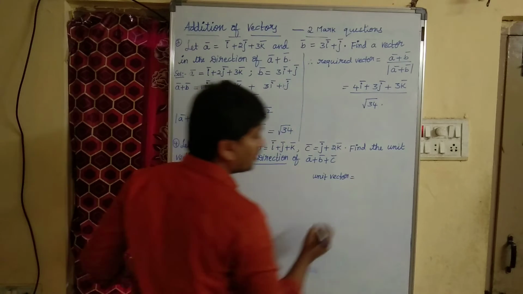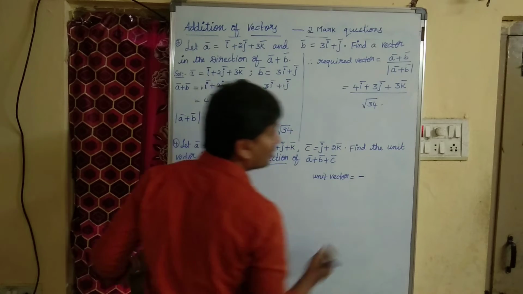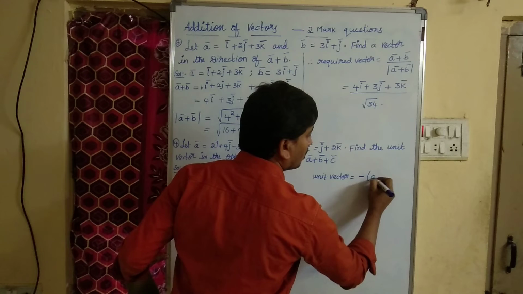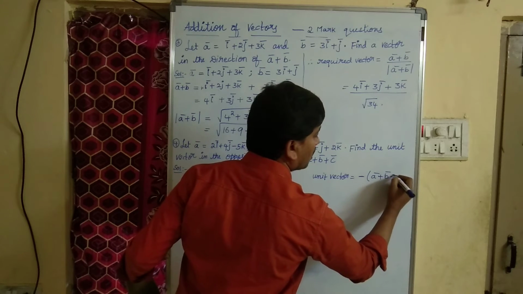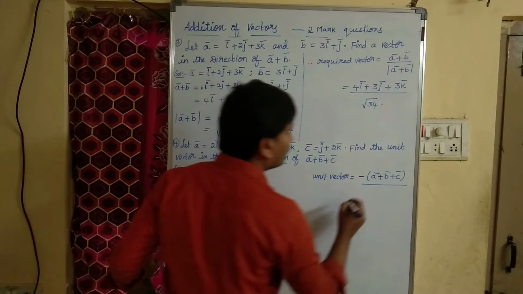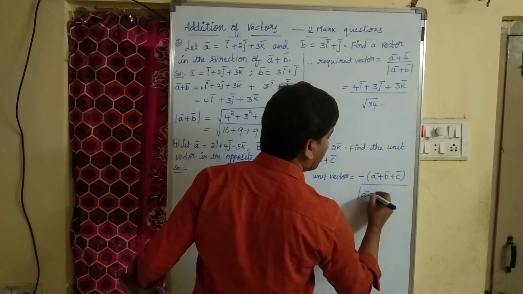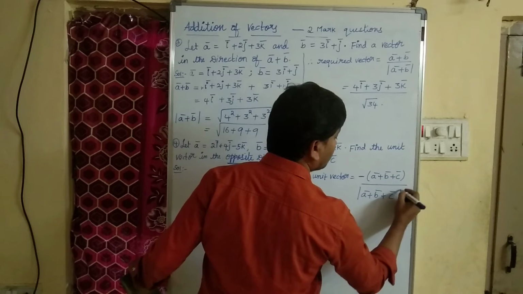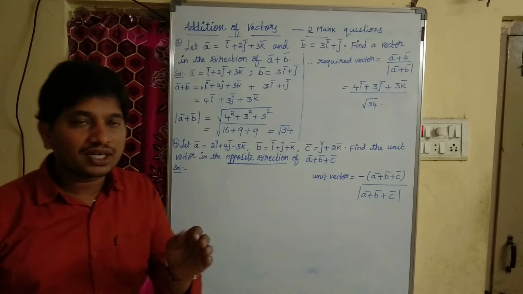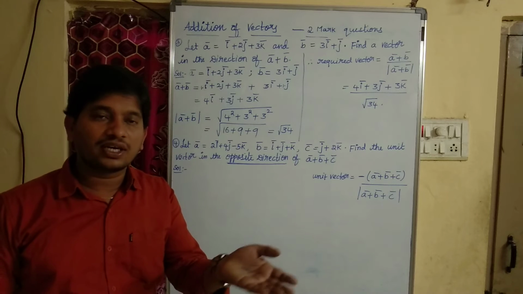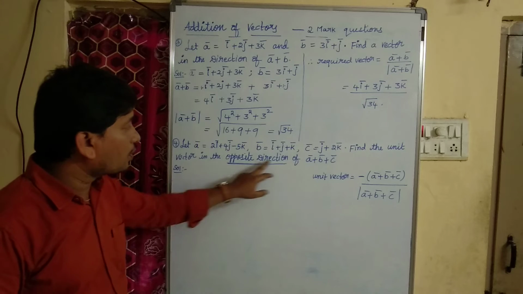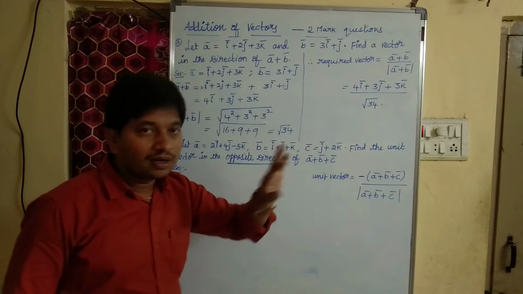Opposite direction means we have to put sign minus. Opposite direction of A bar plus B bar plus C bar by modulo of A bar plus B bar plus C bar. If they are asking to find unit vector in the direction of given vector A bar, it is A bar by modulo of A bar. If at all they are asking opposite direction, we need to put a sign minus.